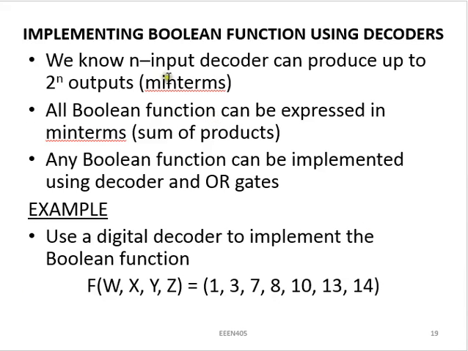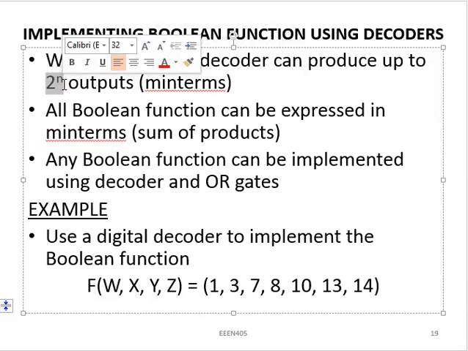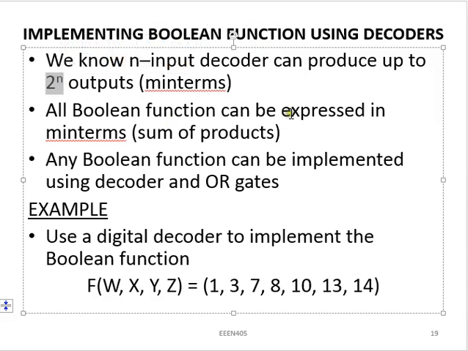Now, we can also use a digital decoder to implement any Boolean function. We know that whenever we are given a decoder, it has up to n inputs as we have illustrated, and it can produce up to 2 raised to power n outputs. So for this reason, all Boolean functions you can see, you can express them in terms of their min terms, where we have the number of variables standing for our n, and the possible outputs to be 2 raised to power n.